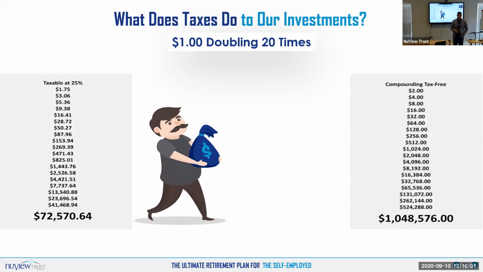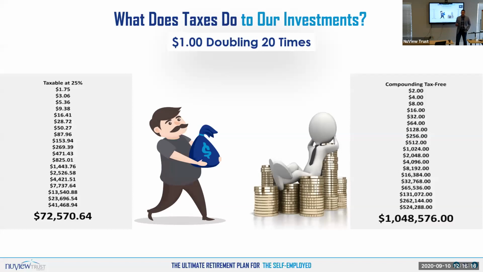Now let that settle in for a second. Same dollar, same period of time, same investment. The only thing that this person did different than this person is they simply put the dollar in a tax-advantaged vehicle first.